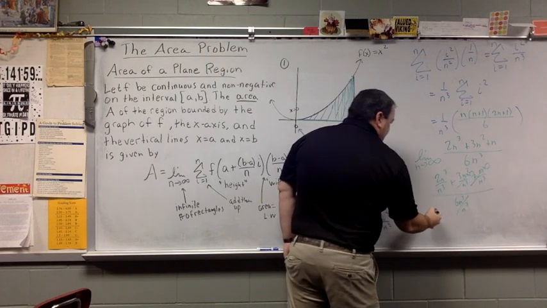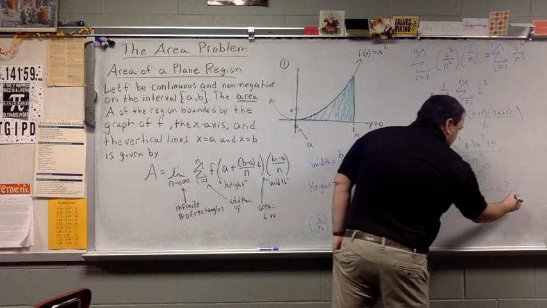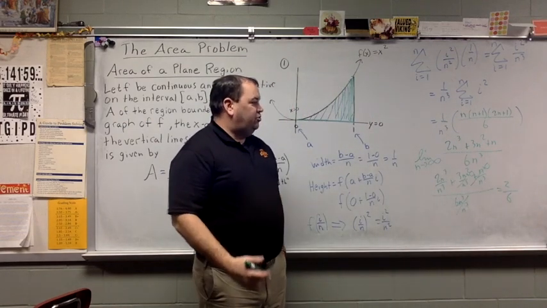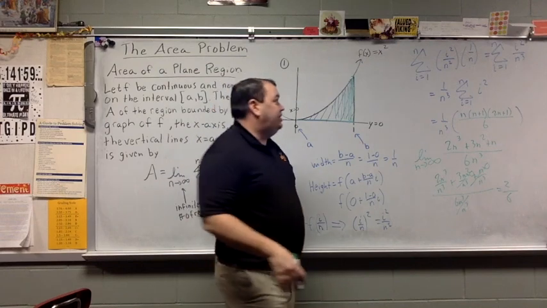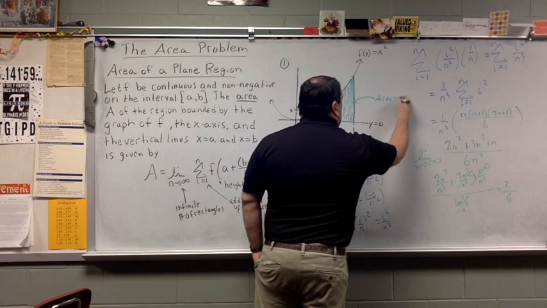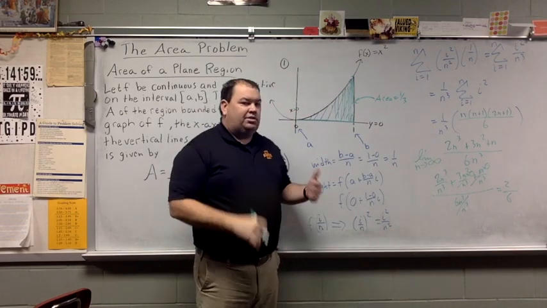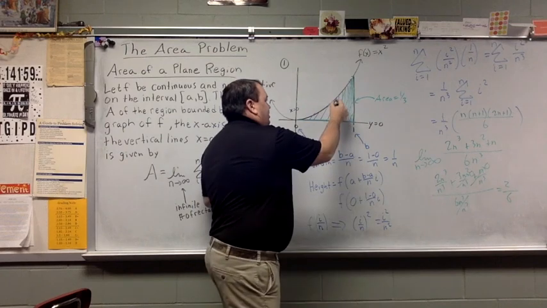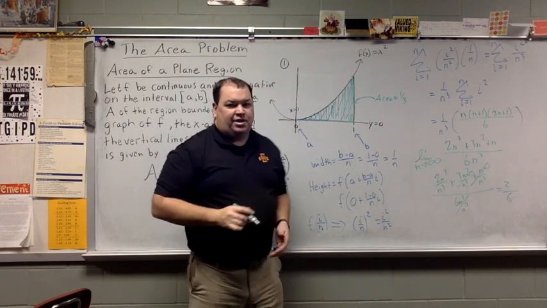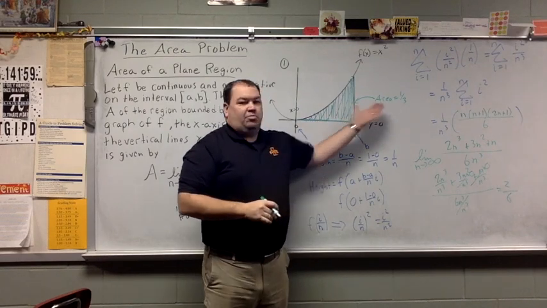Anybody who simplifies out, I keep. So I end up with 2/6 simplified down. This area in here is 1/3. Makes sense, it's between 1 and 0, but it's way more accurate because I'm adding up every one of these rectangles. I have an infinite number of rectangles that I'm adding to come up with that area.